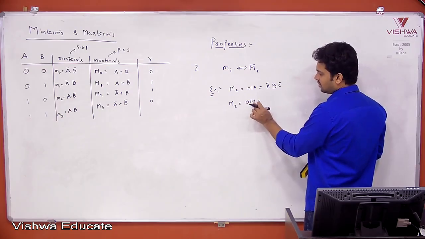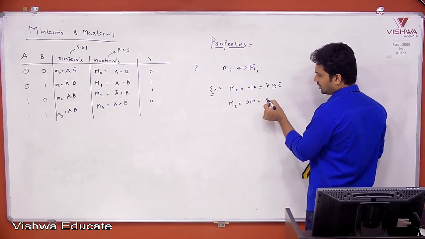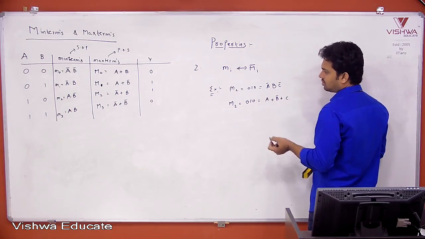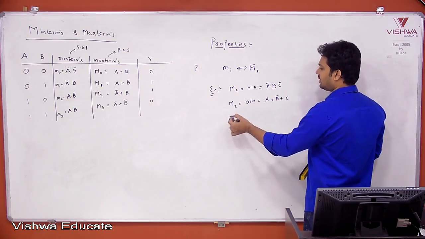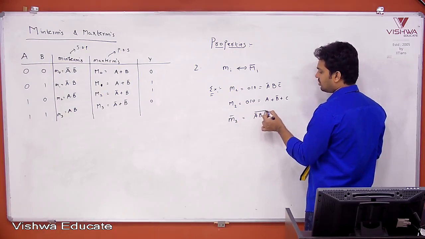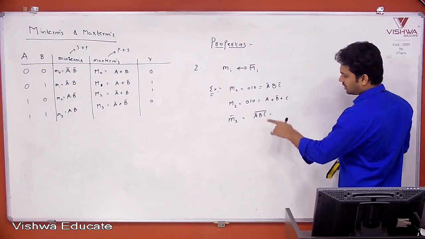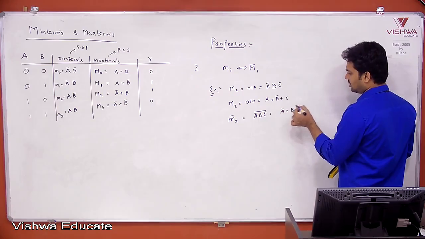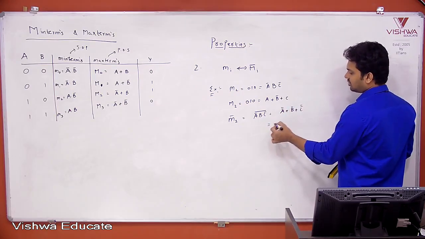Okay, 0 1 0: 0 means here no bar, 1 means you have bar, 0 means no bar. So what is the complement of minterm 2, that is A bar B C bar whole bar? When you take a complement, first take the dual and complement each variable. Then what is the answer?